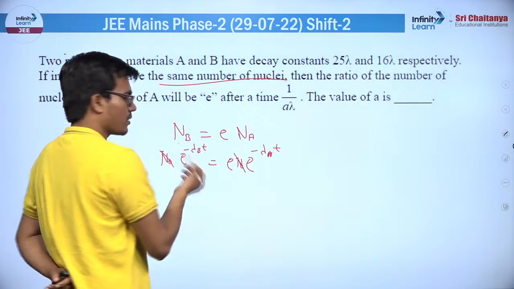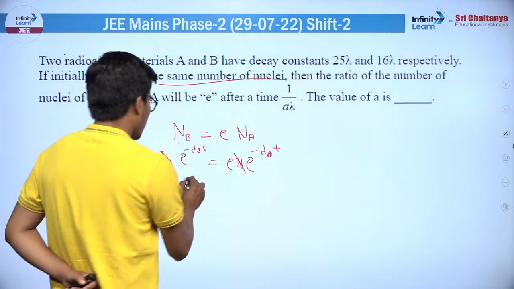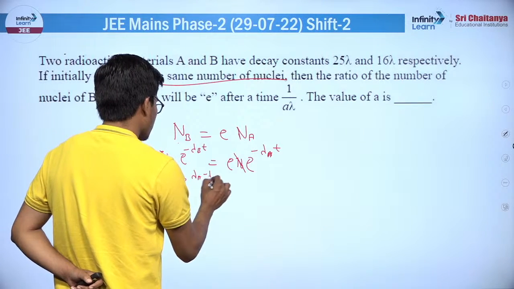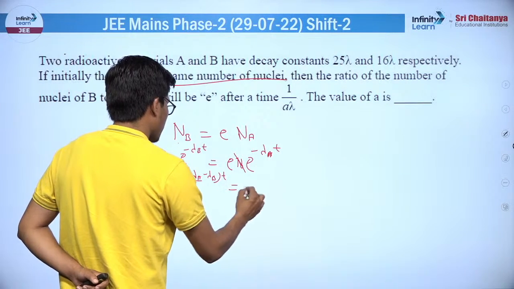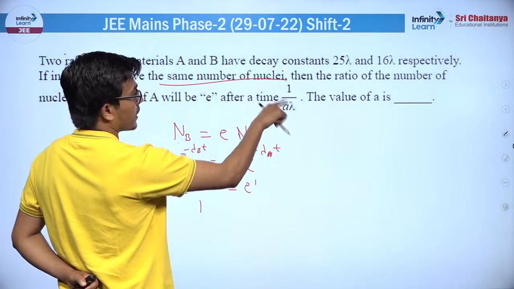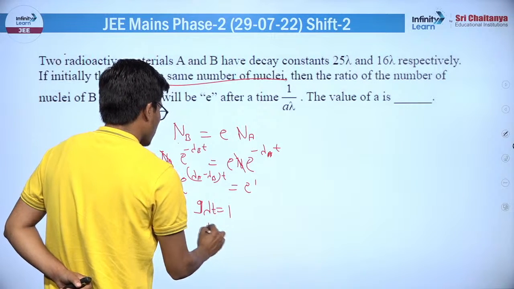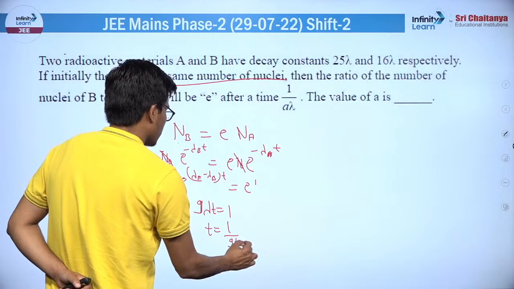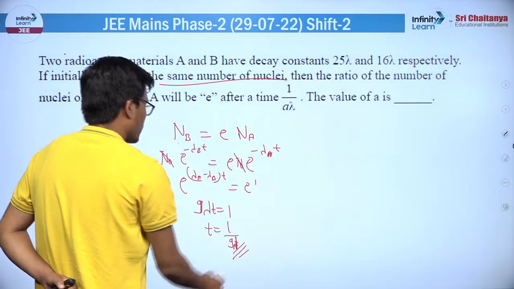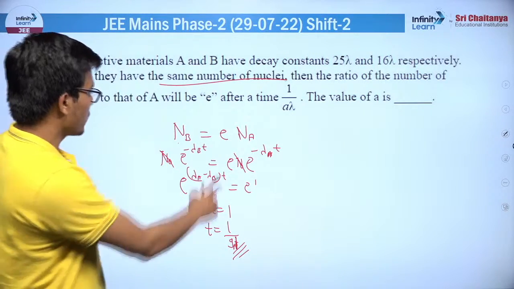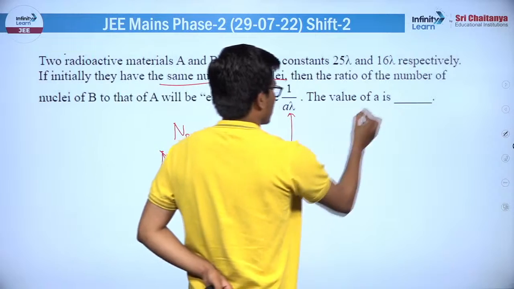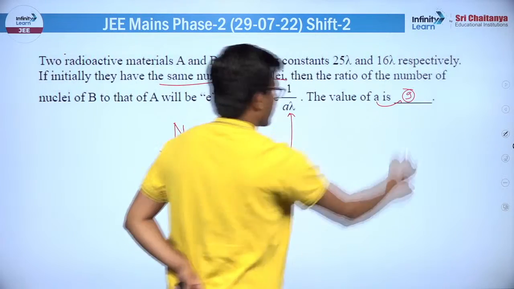The initial number of nuclei are the same, they will get cancelled. You can write here lambda A minus lambda B into t is e to the power 1, meaning lambda A minus lambda B is 9 lambda, t should be equal to 1, so the time taken should be 1 upon 9 lambda. Okay, so if you compare these two expressions, the value of a is 9.